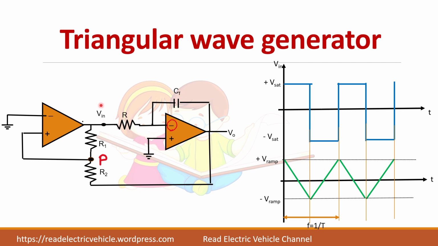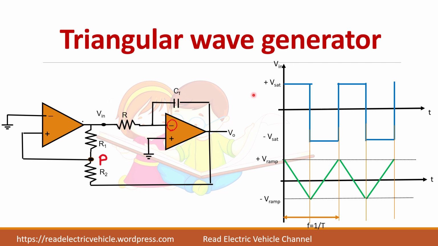The comparator will change its state from plus Vsat to minus Vsat when this Vp falls slightly below 0, because the negative terminal is 0. When this potential goes slightly below 0, the comparator will change its state from plus Vsat to minus Vsat. But when this P goes to 0, the voltage at P depends upon the potential connected here and the potential connected here.